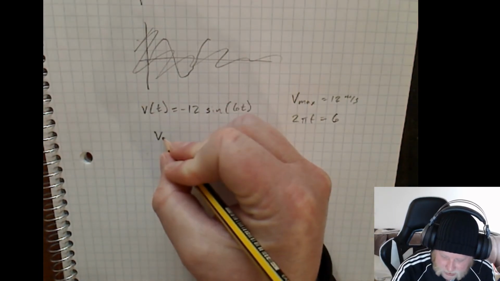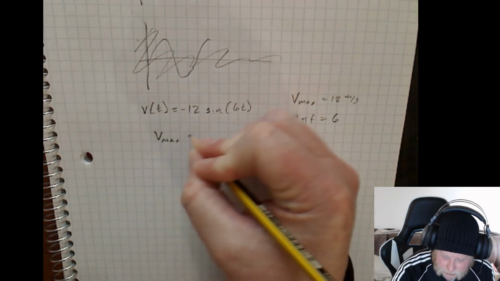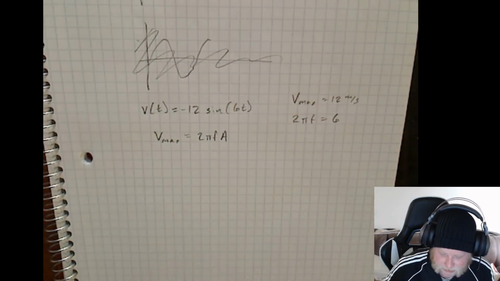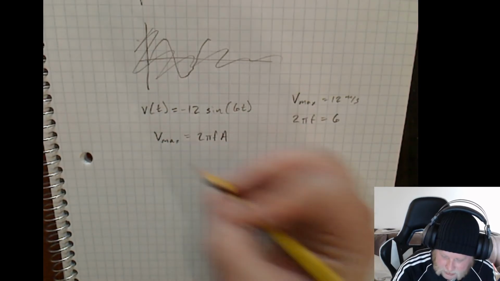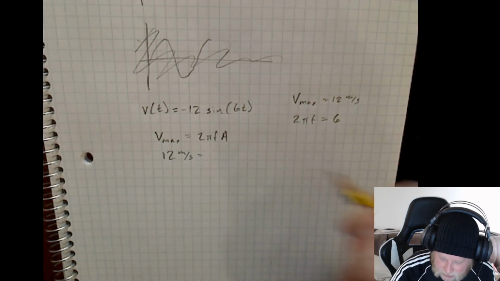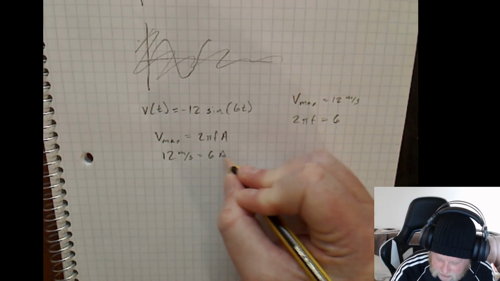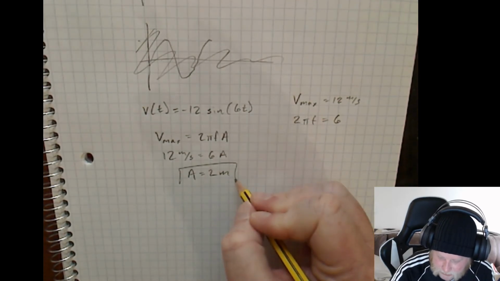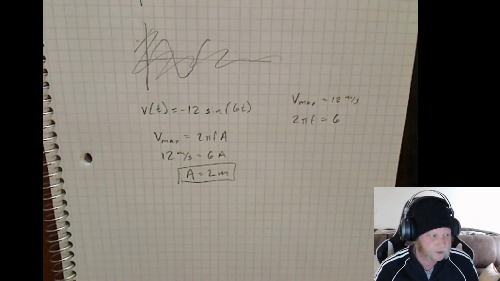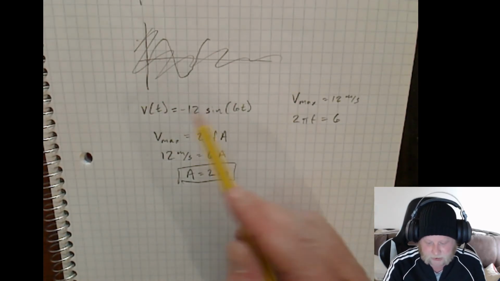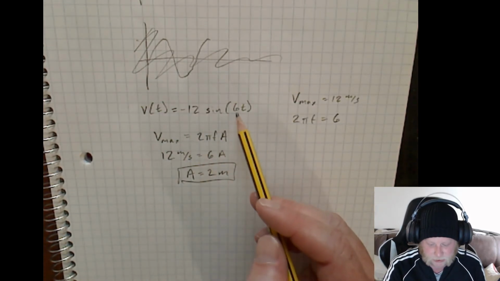So if we're looking for the amplitude, we know that Vmax is equal to 2 pi f times your amplitude. So 12 is equal to 6 times your amplitude, so your amplitude is 2. So again, just think when you're looking at these equations what each little portion tells you.